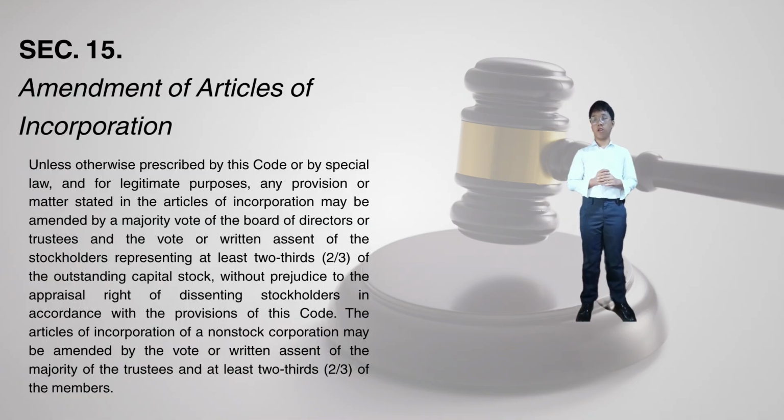The articles of incorporation of a non-stock corporation may be amended by the vote or written assent of a majority of the trustees and at least two-thirds of the members.